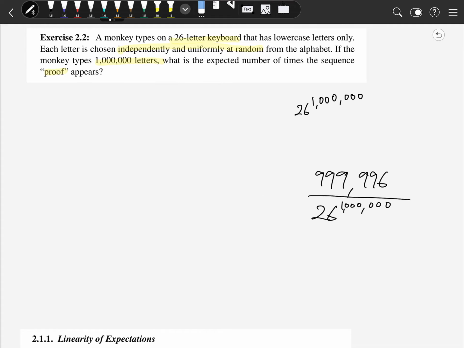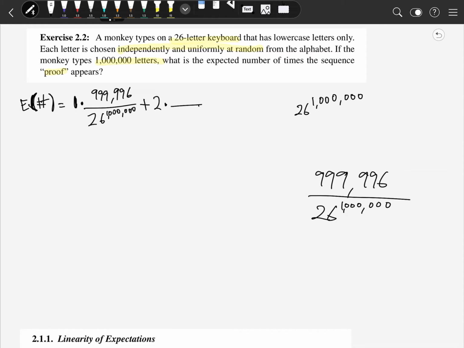So when we want to get the expectation for the number of times the sequence "proof" appears, we do 1 times 999,996 over 26 to the power of 1 million, plus, next we have to consider the case when there will be 2 times when the sequence "proof" appears.